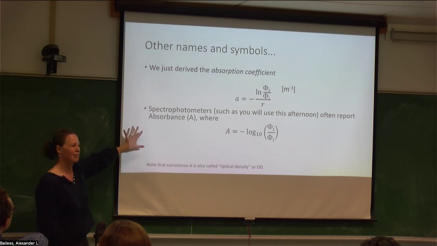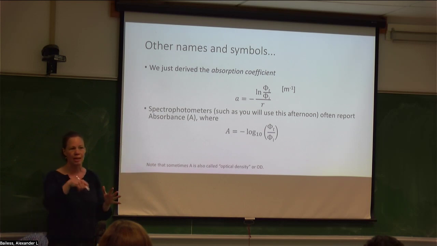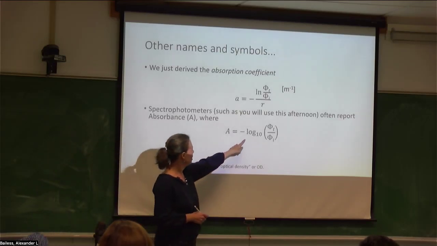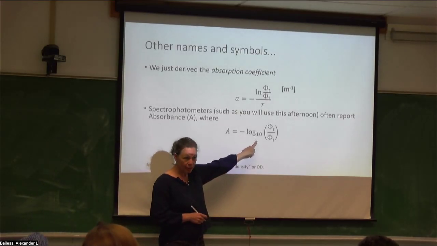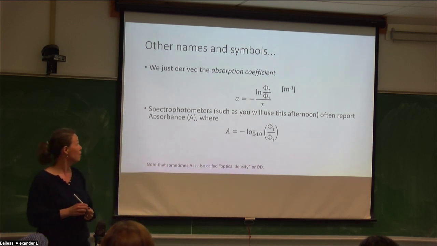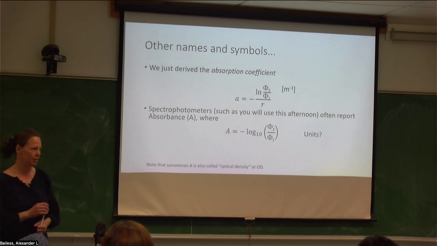But a classical benchtop chemistry spectrophotometer will typically give you absorbance, which we symbolize with capital A rather than lowercase a. And that's defined as minus log 10, because chemists like to be difficult that way, of phi t over phi I. So what are the units of absorbance?